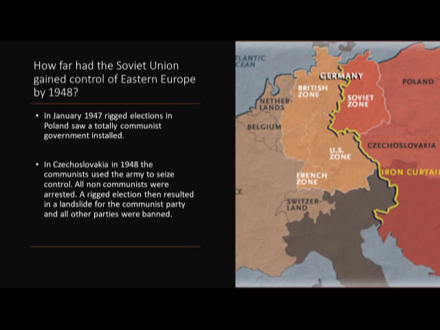They would establish, very quickly, they would arrest potential dissidents and opponents. And then elections were held, which of course were massively rigged, and therefore communist governments were installed. And that process really went on from 1945 up to the communist takeover of Czechoslovakia in 1948.